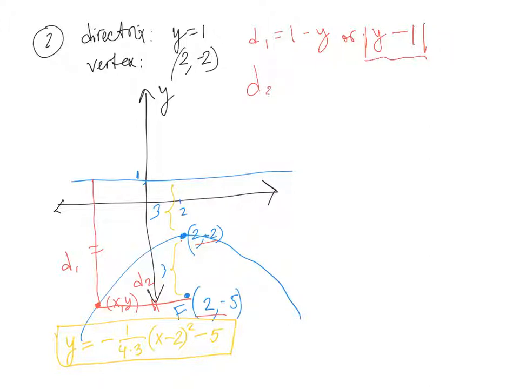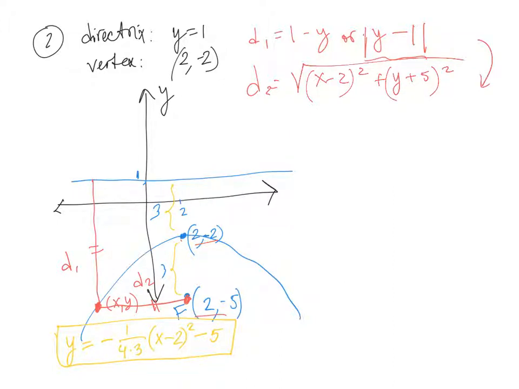The second distance: I'm using the distance formula between these 2 points. So I'm looking at my x coordinates, x and 2, and the y coordinates, y and -5. Square root, so x minus 2 squared plus y minus -5, which is plus 5 squared.